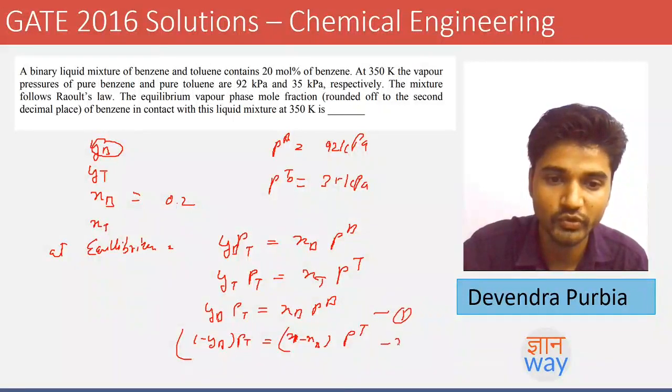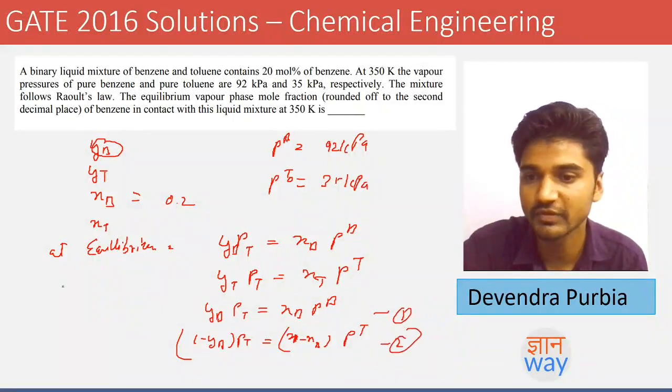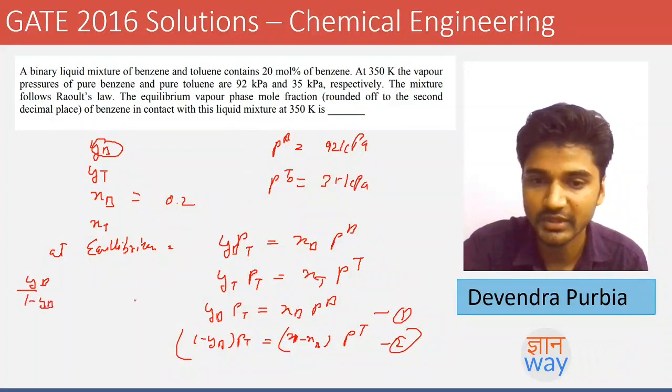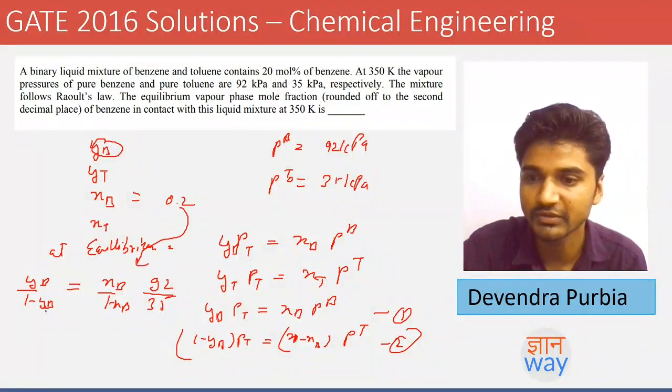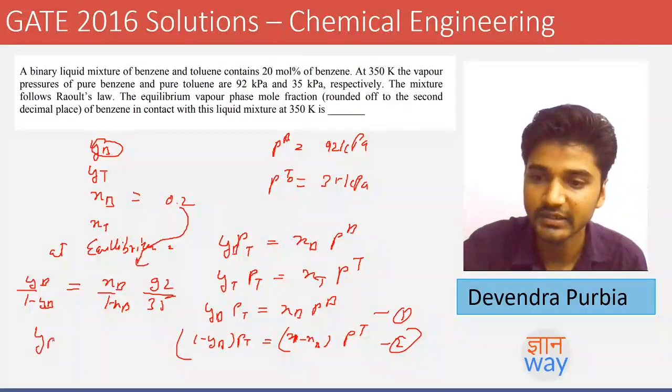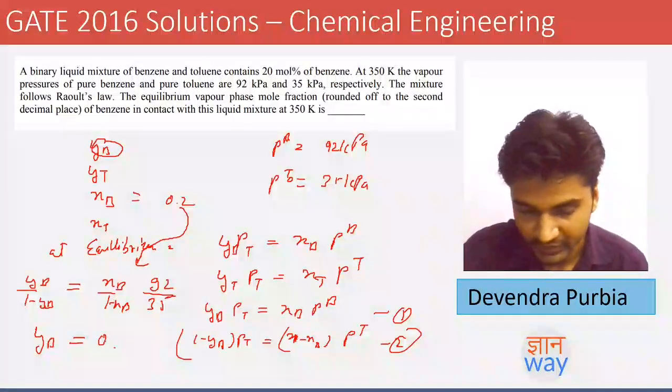These are two equations. Dividing the two equations, the total pressure gets cancelled, and yb upon (1 minus yb) equals xb upon (1 minus xb) times 92 divided by 35. Since xb is given as 0.2, putting in these values we get yb as 0.396.